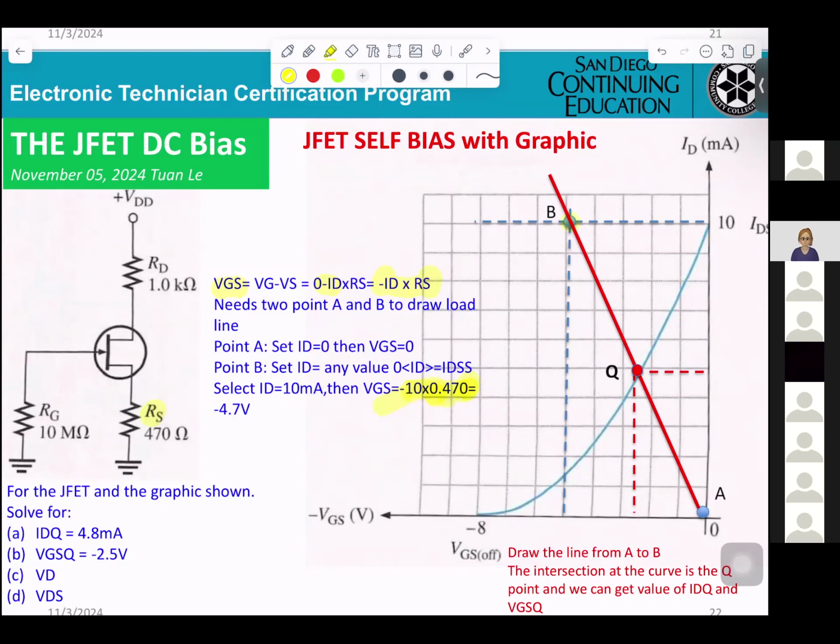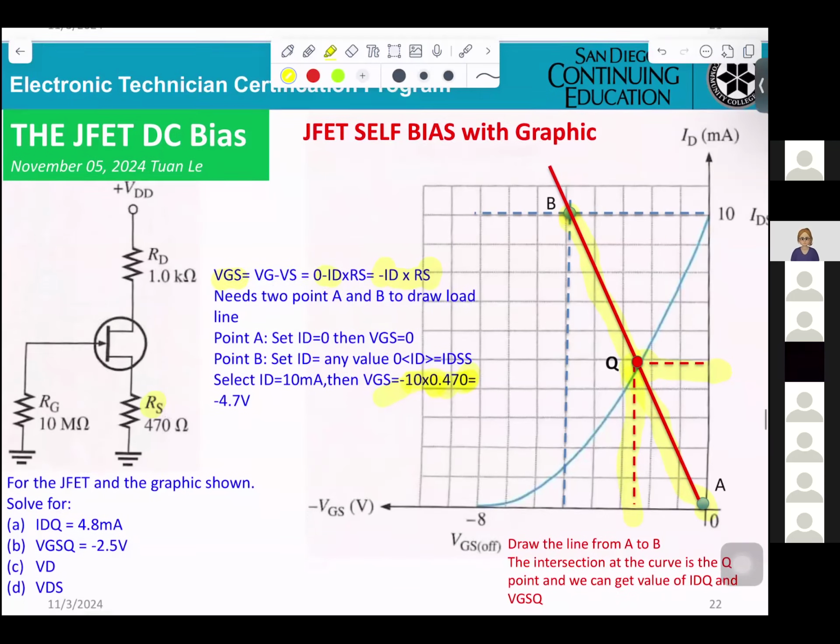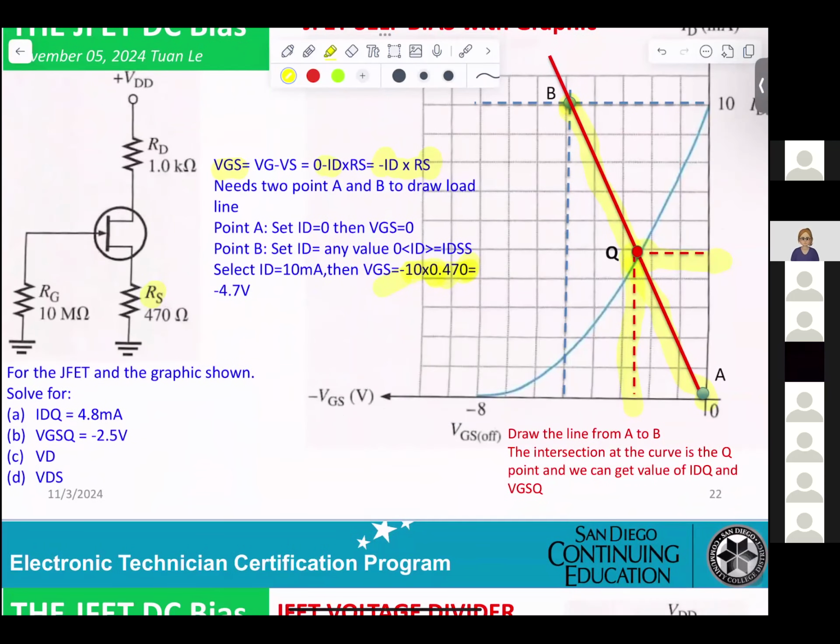So you get point B. Now you get the line A to B. It cuts the curve at this point. You go to the left, you get ID. You go down, you get VGS. Here they show IDQ 4 milliamp, VGSQ minus 2.5 volt.